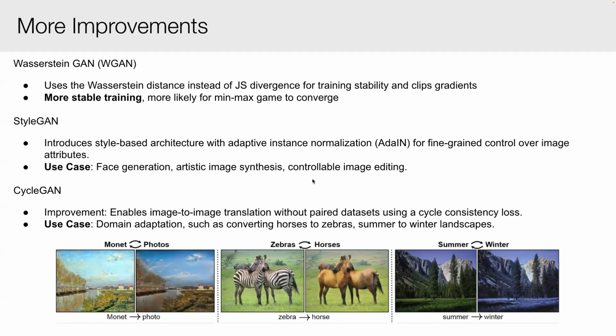Two other GANs that came way after that were StyleGAN and CycleGAN. These both produced a lot of pretty heavy changes, and once these two were proposed, that's when GANs really started blowing away benchmarks, especially CycleGAN.